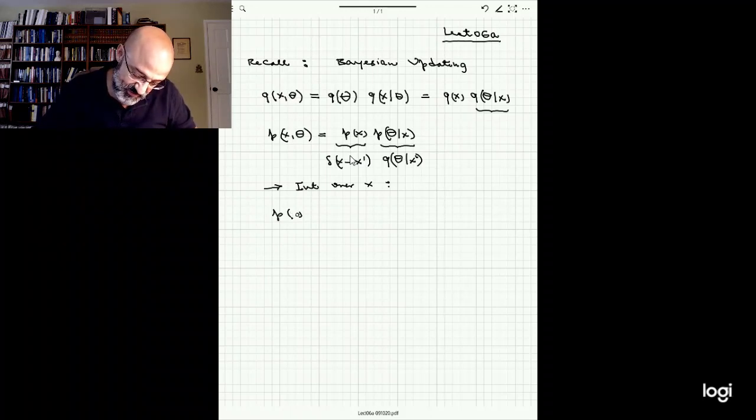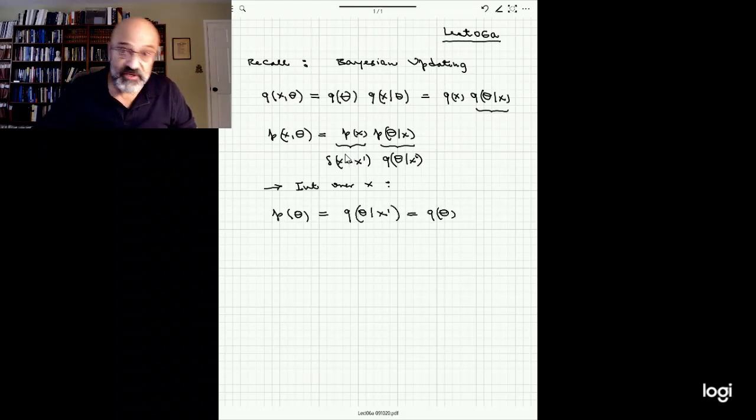We marginalize x away, and we obtain the new posterior for theta, which is what we really want, which ends up being q(theta given x prime), which we can also write using this version here, q(x prime given theta) q(theta), all divided by q(x prime).